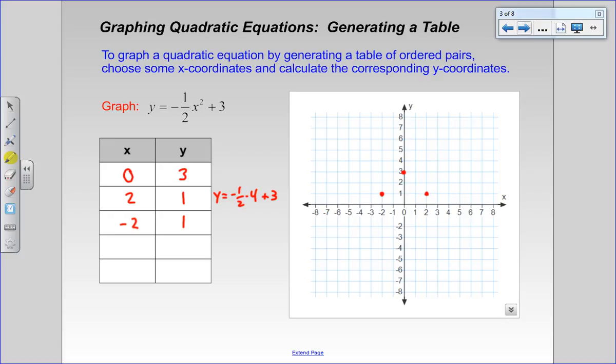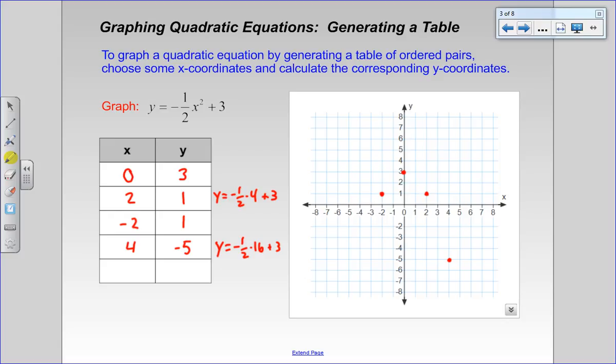What if we allow x to equal 4? Then we have y equals -1/2 times 4 squared, which is 16, plus 3. -1/2 times 16 is -8. And then plus 3 gives us -5. So we can plot the point (4, -5) on our graph.